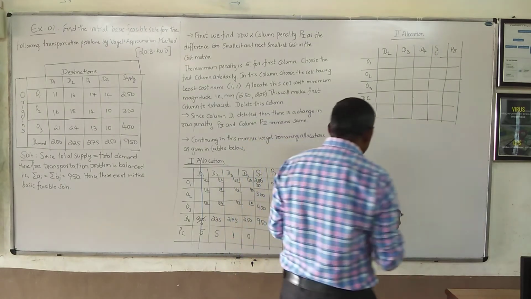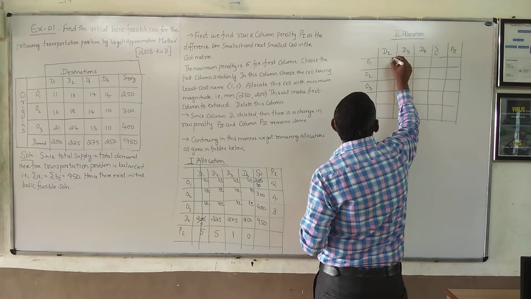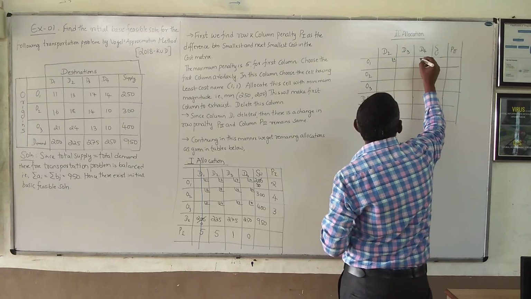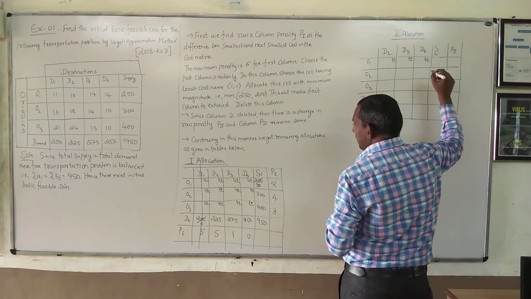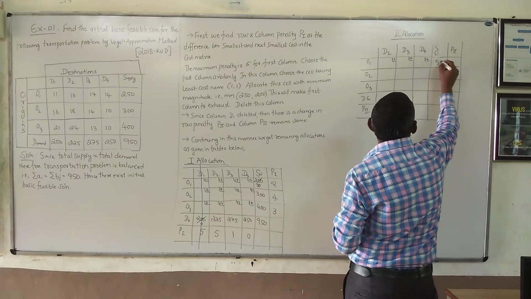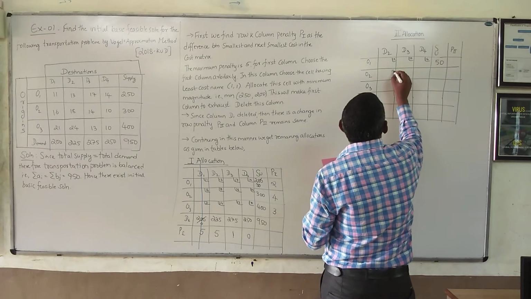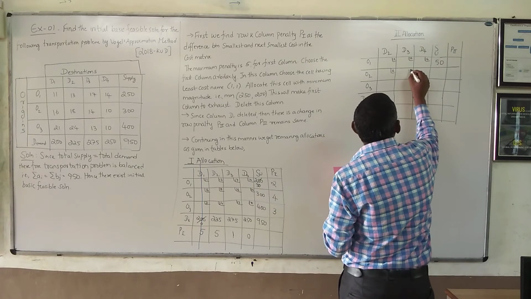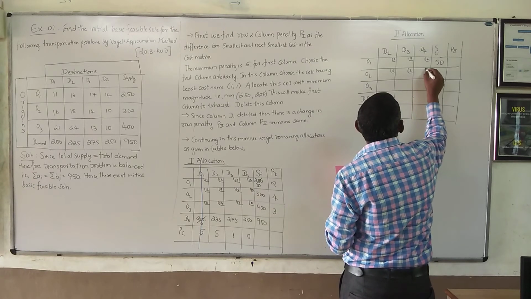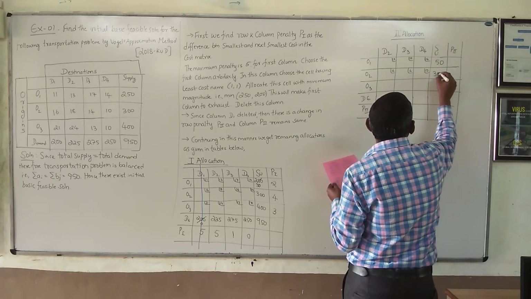Let me write the values here. Here it is remaining 13, 17, 14, and it is 50. Fine. So it is 18, 14, and 10. Remaining is 300 as it is.